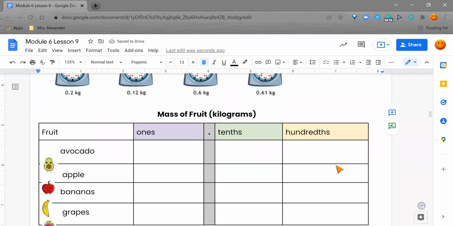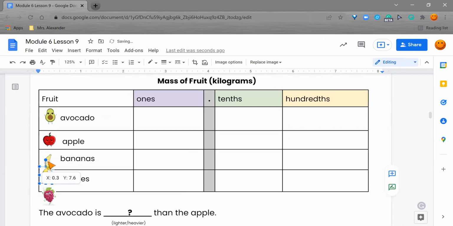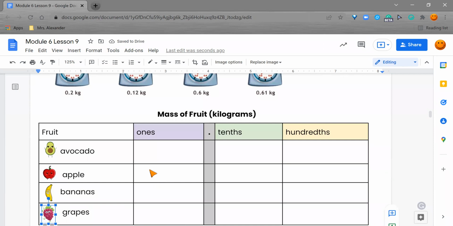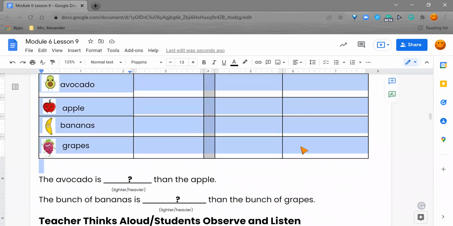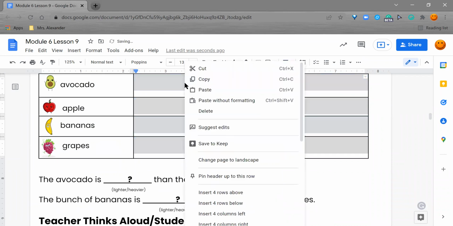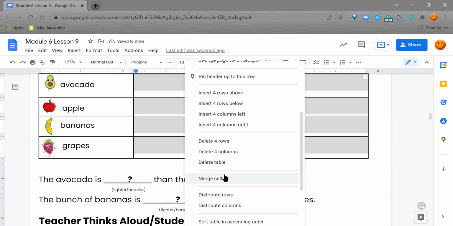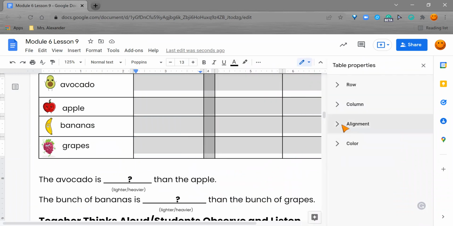And now you guys, massive fruit. So the first thing I'm going to have to do is move up my little fruit here. Aren't they cute? Just in case you need visuals so you can see the difference. So now we're going to write them in kilograms. So I have the avocado. It looks like all of them, you guys. I'm just going to quick make this so it's more understandable for me. And that's okay. Miss Alexander is one of those people.